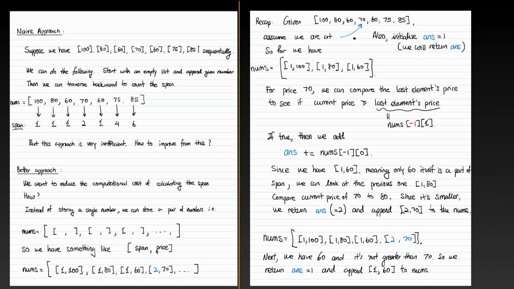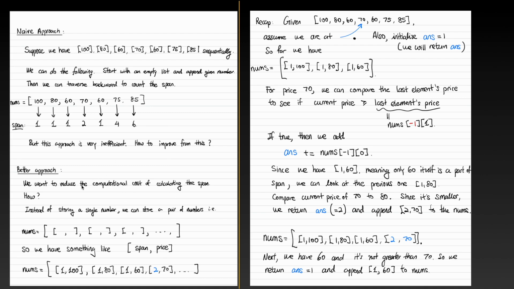The first element will be 1, 100, meaning the span for 100 is 1, and the next one will be 1, 80, then 1, 60, and then the fourth is 2, 70.